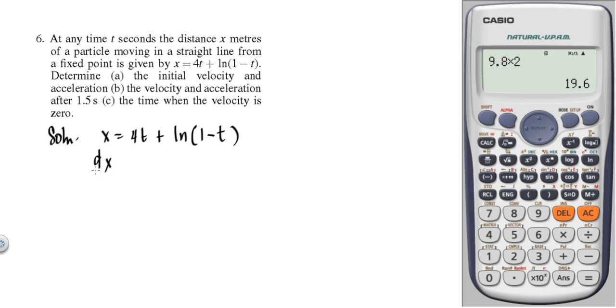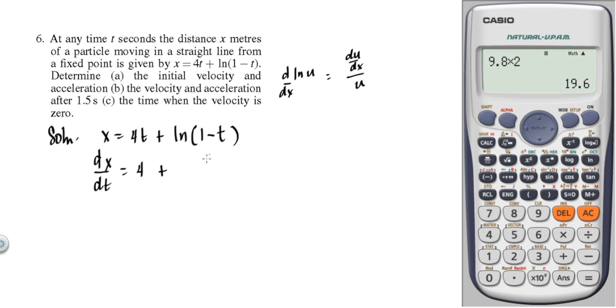So, dx over dt equals 4 plus, what is the derivative of ln u? Recall, the derivative of ln u with respect to x is du over dx over u.